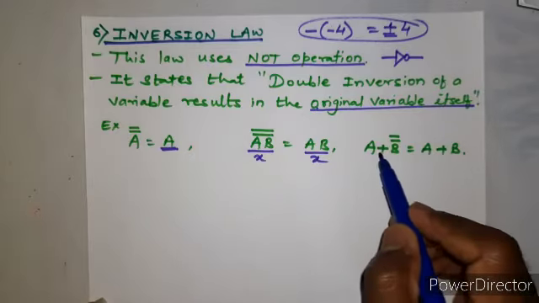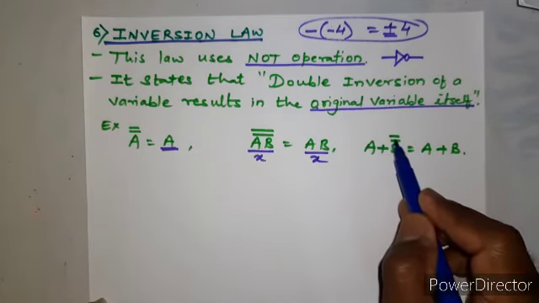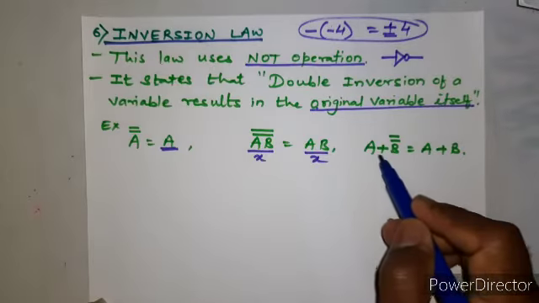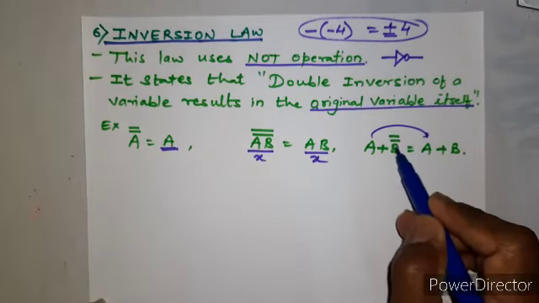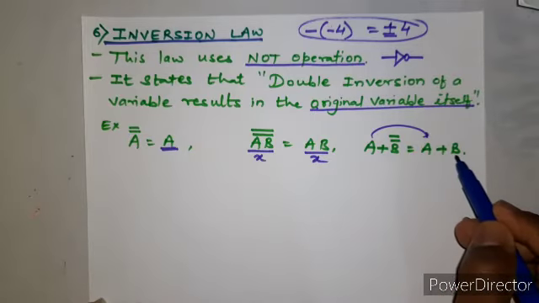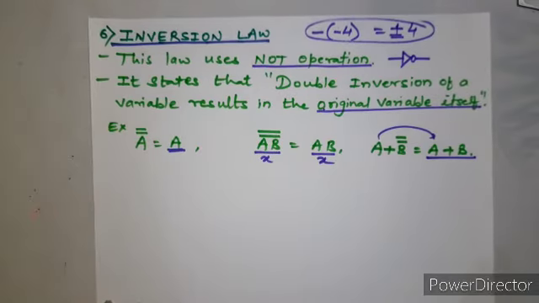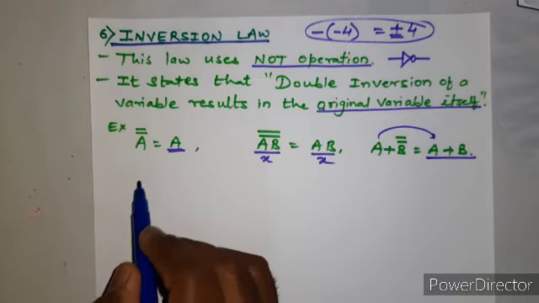In another term, if I have A plus B double bar, A stays as it is, and B double bar, minus minus becomes plus, so we simply have B here. We can even prove this diagrammatically.